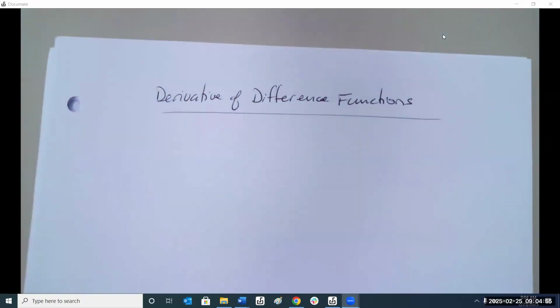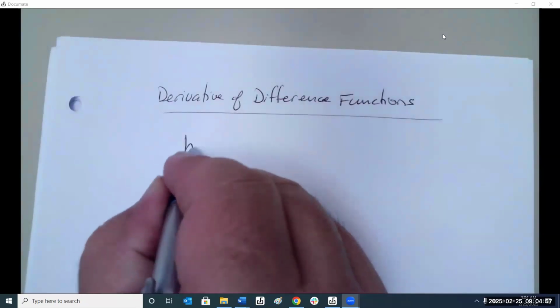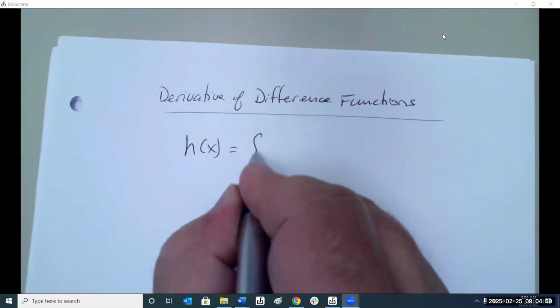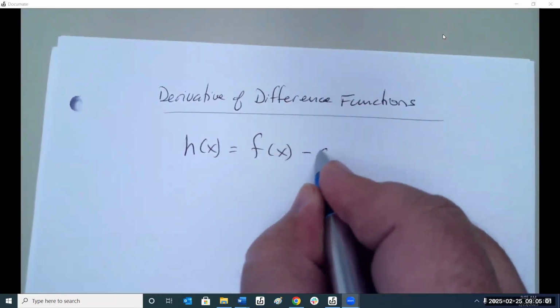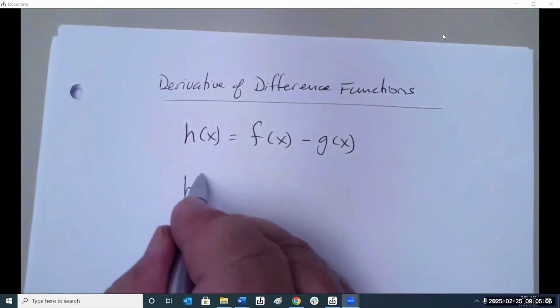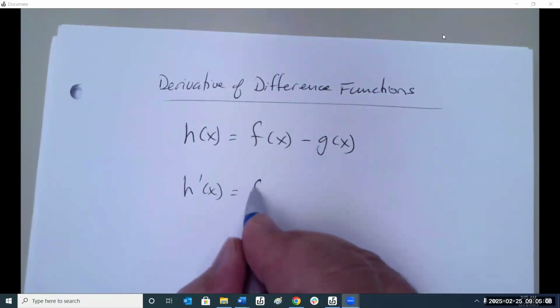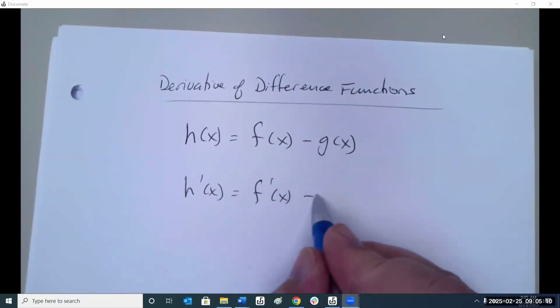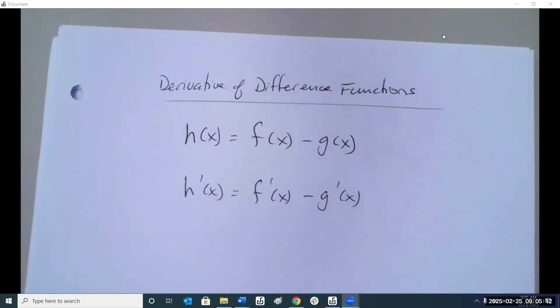The derivative of a difference function. So in other words, if h of x is f of x minus g of x, then the derivative of the entire function is the derivative of these two, and then combine like terms.